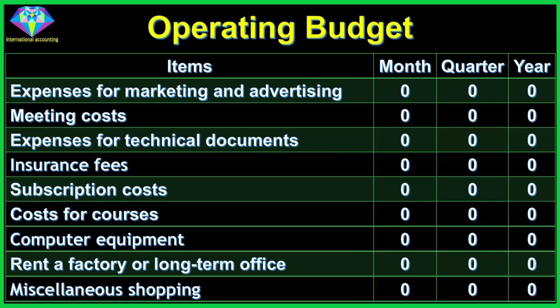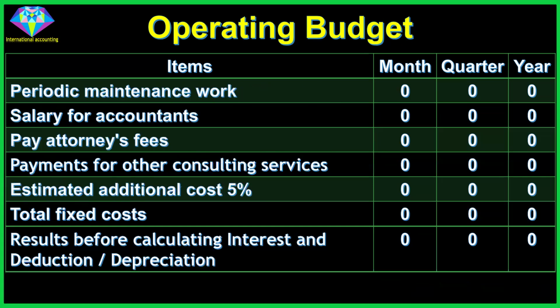Subscription costs. Costs for courses. Computer equipment. Rent a factory or long-term office. Miscellaneous shopping. Periodic maintenance work. Salary for accountants. Pay attorneys' fees. Payments for other consulting services. Estimated additional cost 5%. Total fixed costs is the sum of all fixed costs above.